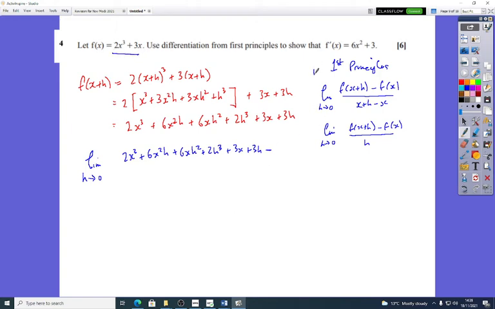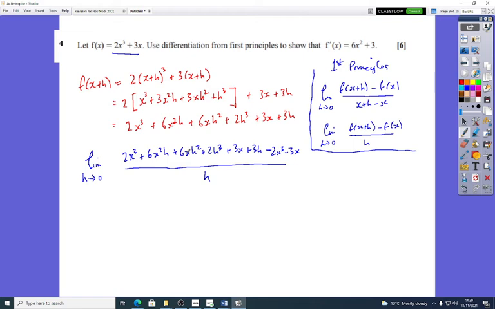I'm just going to put a box around here so it doesn't come into effect. So I'm going to minus all that off: minus 2x cubed, minus the 3x, and all that is going to be shared by h.